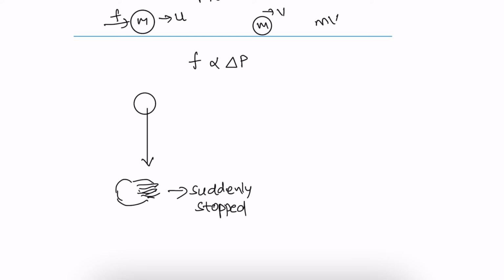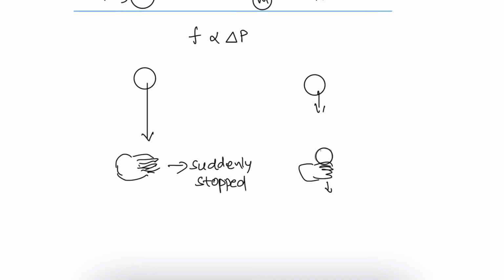In the other case, the body is also moving with the same velocity, but when the ball touches the hand, simultaneously you pull the hand downward.